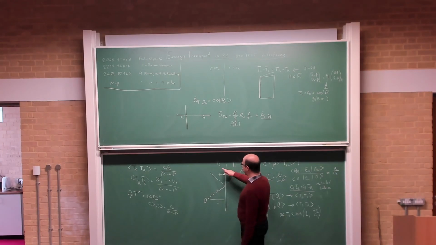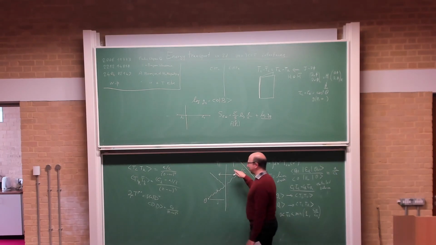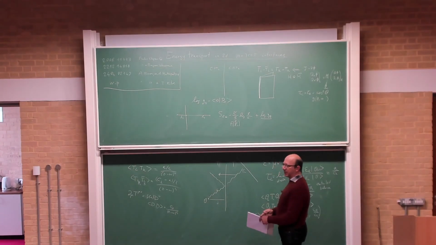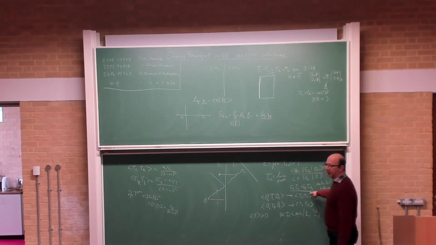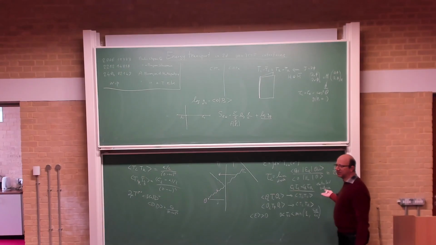Now, if the temperatures are equal, you will find that the flux should vanish by thermodynamic equilibrium. And this condition will not be satisfied unless this is true. So this is necessary to enforce thermodynamics. But it turns out it's true automatically, so we are happy. We don't have to do anything.